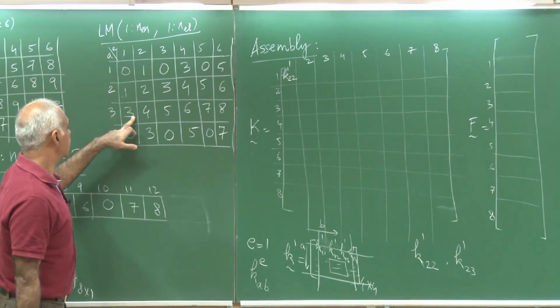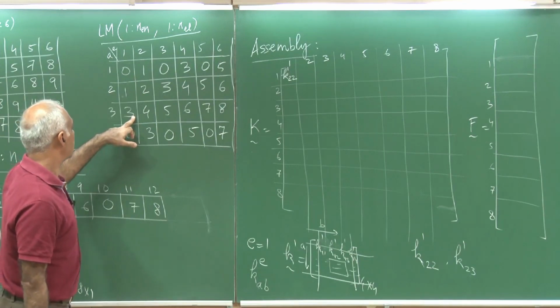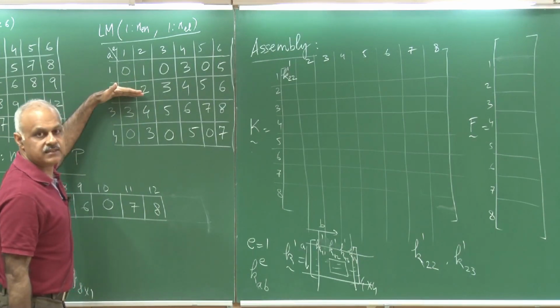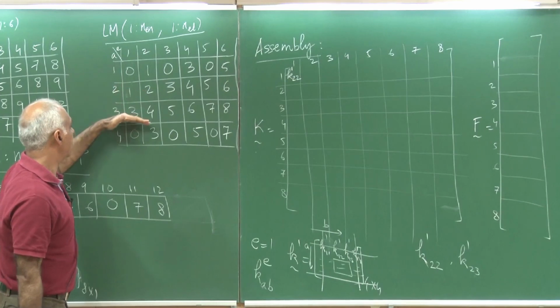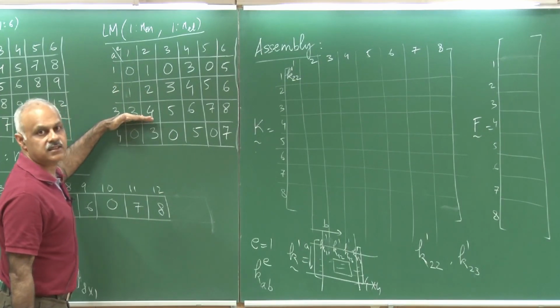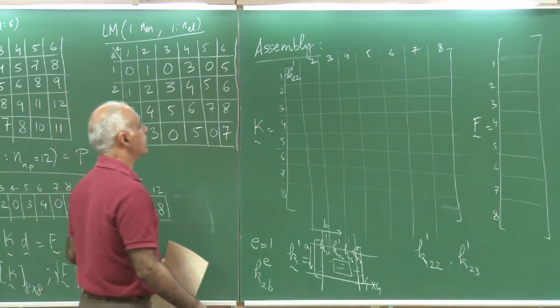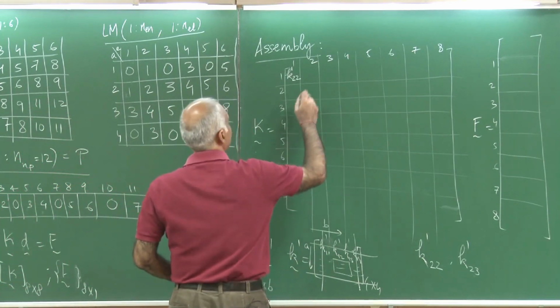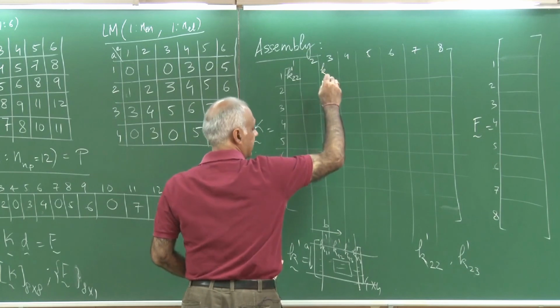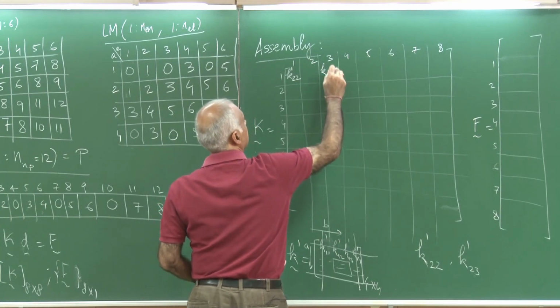So, this quantity would go to the first equation, but I would have to put it in the third column, because that would hit the third unknown. So, this is where I would end up with K2, 3, 1.